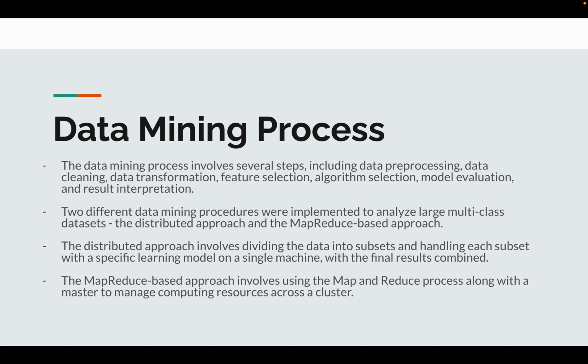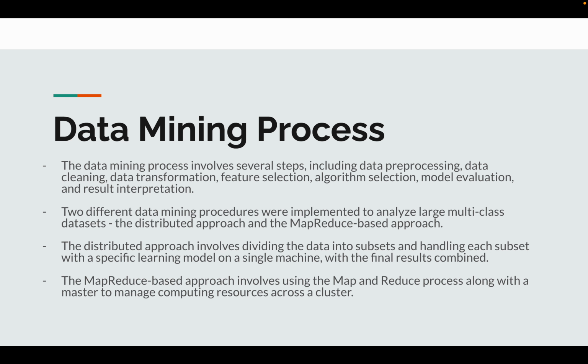After feature selection, the next step is algorithm selection. In this step, the appropriate algorithm is selected for the dataset and the problem at hand. There are various algorithms available for different types of data mining problems, and selecting the right algorithm can significantly impact the accuracy of the result.